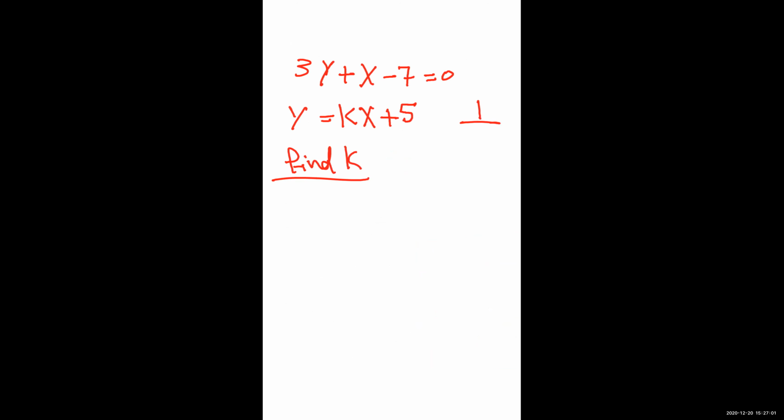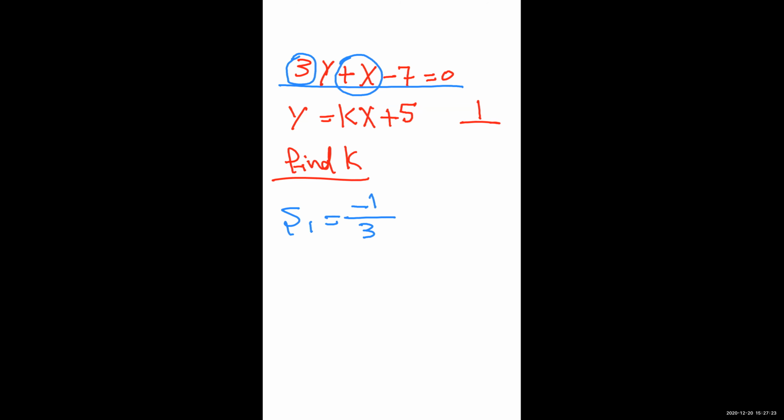Okay, simply like before, guys, we are going to get the slope for the first one. So slope 1 will equal, we said, negative coefficient of x over coefficient of y. Where is x? Here. So negative 1 over 3. So the first slope is negative 1 over 3.